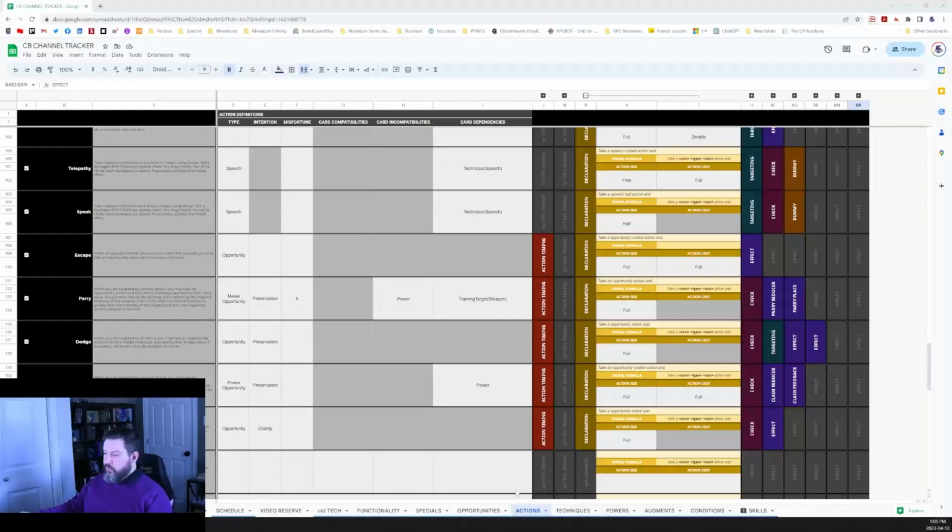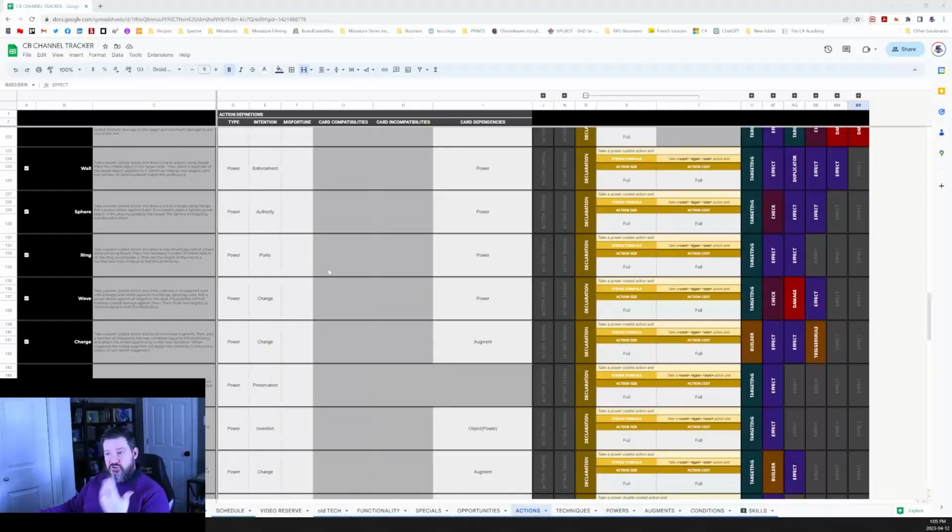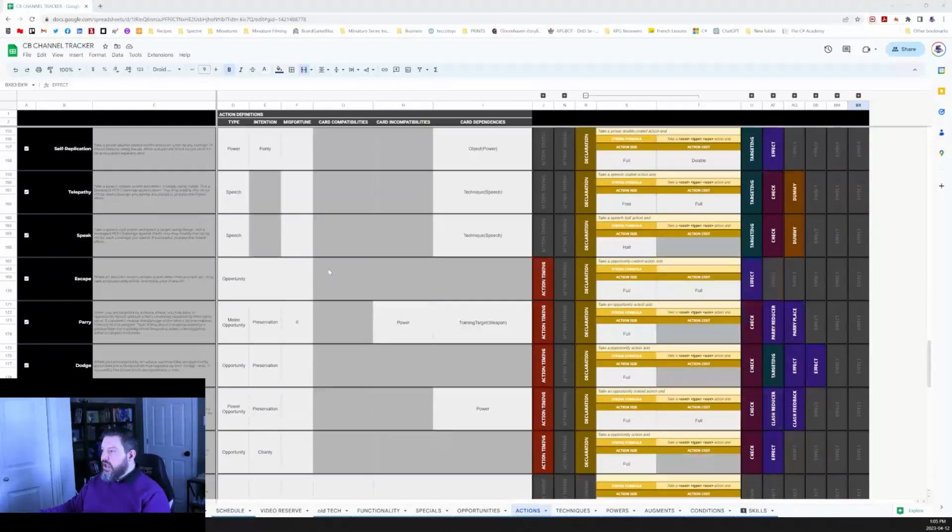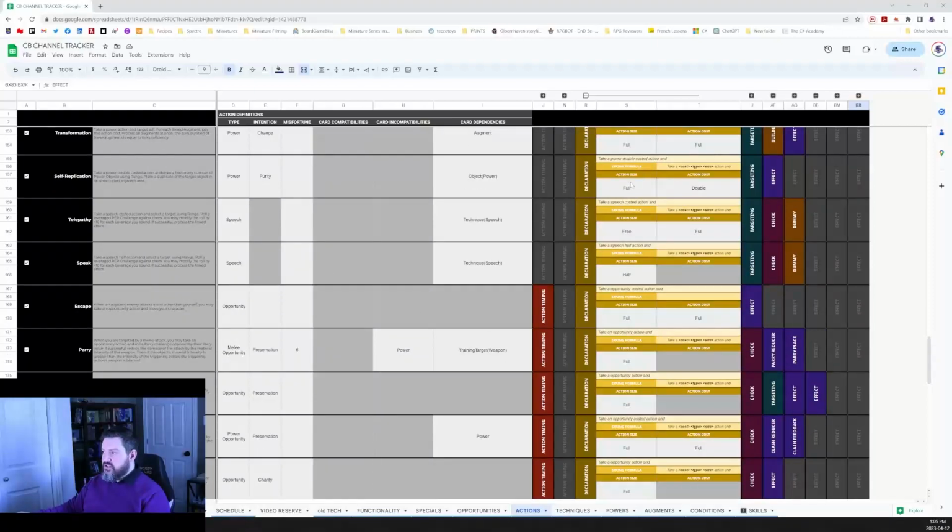So, what I've basically done is I've said there is some sort of operator or condition called an action. The action card is the thing that deploys the rest of the actions. So, you may have a strike action, for instance, and it would have an action size and an action cost. The action size is basically how much of an action it takes.